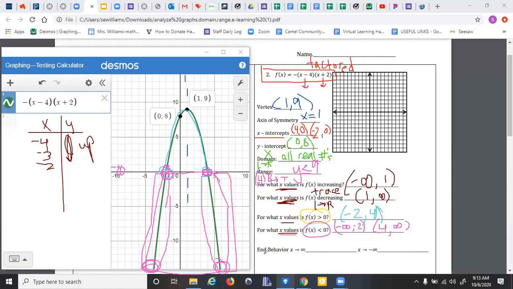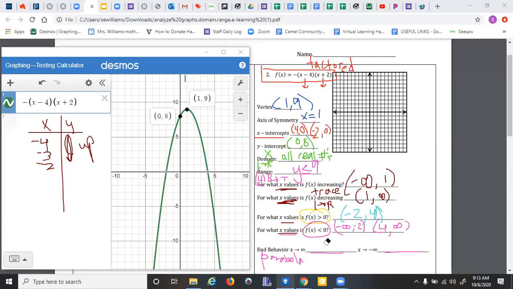All right, for a parabola, the end behaviors will always be the same on both sides. Is this parabola going down or going up at the ends? Down. It's going down. And so you can write y is going to negative infinity. You could also write f of x. I'm going to write f of x this time.